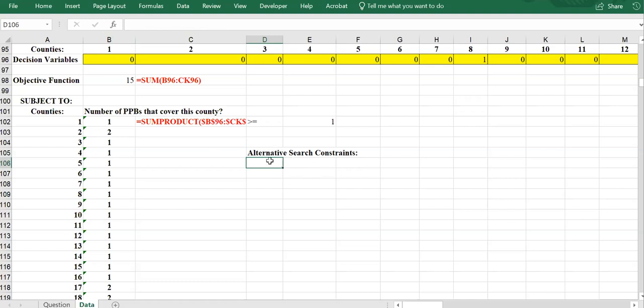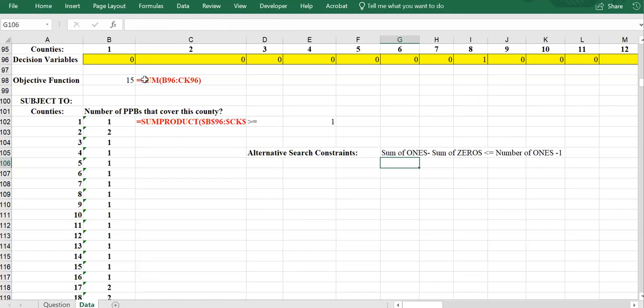For the alternative optimal solution, the way we do it when we have binary variables is: sum of ones minus sum of zeros less than or equal to the number of ones minus 1.